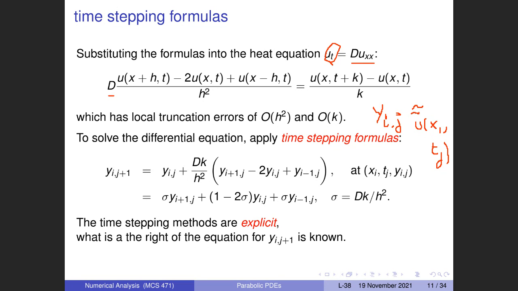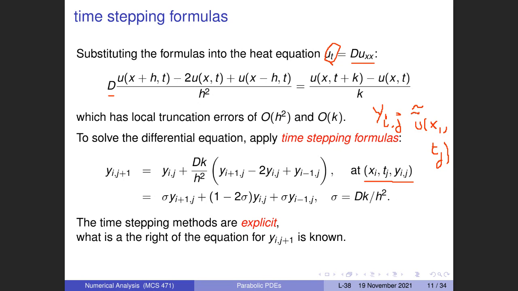So our time stepping formulas will give approximations for the values of the unknown function u. These are two-dimensional formulas, but here it's implicitly there. So we have the two independent variables, the x and the t, that we can choose. And then we have the dependent variable, which is u, and that gets approximated by the y.